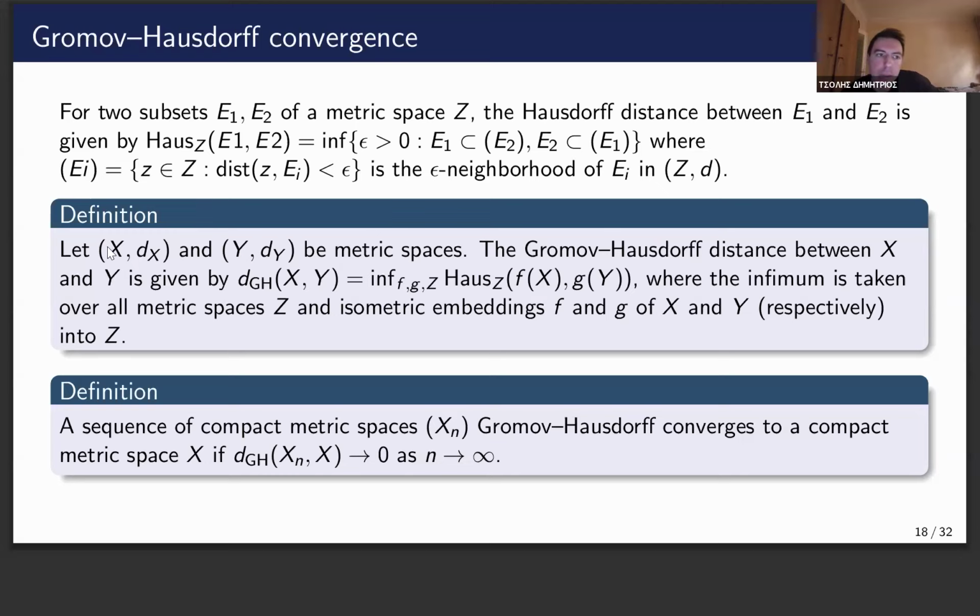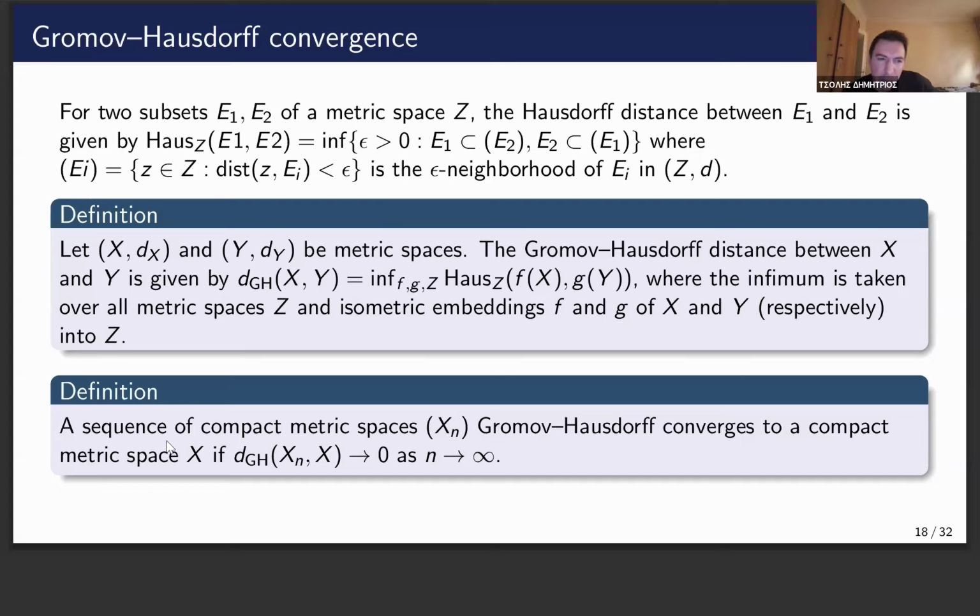So we can give a definition here. We can define the Gromov-Hausdorff distance as the infimum of all the Hausdorff distances between f of X and g of Y, where f is just an embedding of X into some metric space, and g an embedding of Y into some metric space, and we take the infimum over all f, g, and Z is just the metric space we're trying to embed X and Y in.